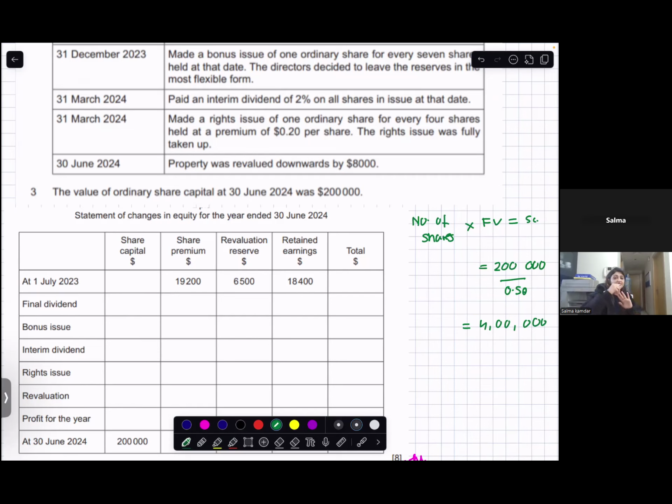And if any dividend is paid in the form of per share, you need this number of shares. The place where major kids get confused is in the number of shares and dollar value. Dollar value is the capital. Dollar value divided by the face value is going to give you number of shares. I hope you're with me.